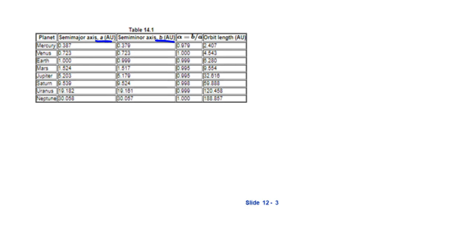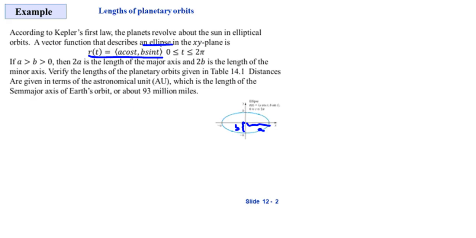They also give us another value, alpha, which is b over a. So if you just take b divided by a, that's something we're going to use in just a minute. So I have that a is 0.387, b is 0.379, and alpha is 0.979 for Mercury. So let's go back and see if we can find the arc length.